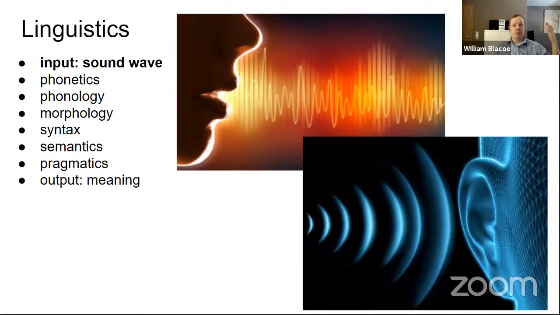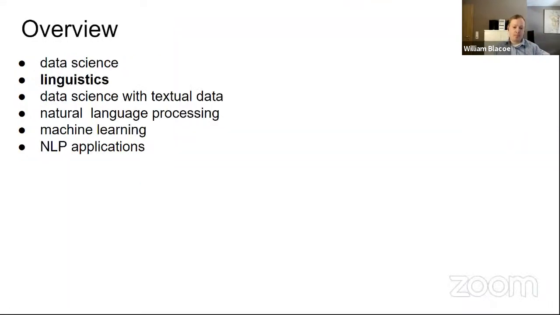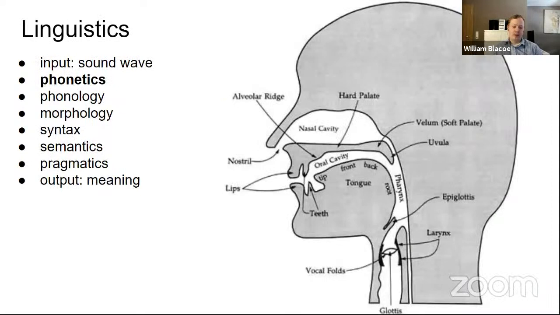And then they hopefully have the thought that the speaker had originally. It never happens that perfectly, and it's even more difficult for a computer to simulate these processes, but let's try anyway. So in linguistics, phonetics is the study of biology, what creates those sounds.